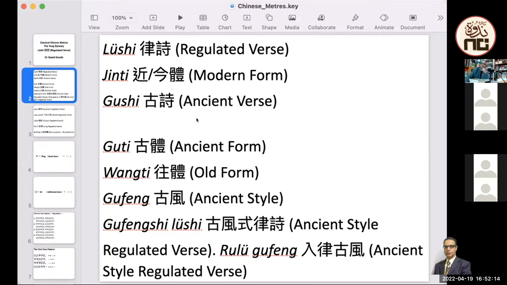But it was more complicated. And because it still received that influence from the gǔshī, there was another pattern other than the regulated verse, the lǜshī. There was another pattern that was a mix between what prevailed in the Tang Dynasty and what they got from the gǔshī, the ancient verse.